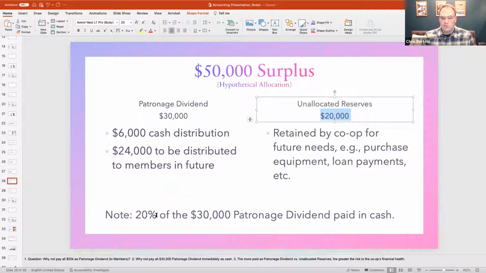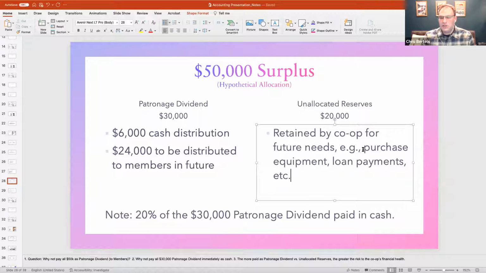Mathematically, 20% of $30,000 is 6,000. So in this instance, I just chose the minimum, but it could be more.